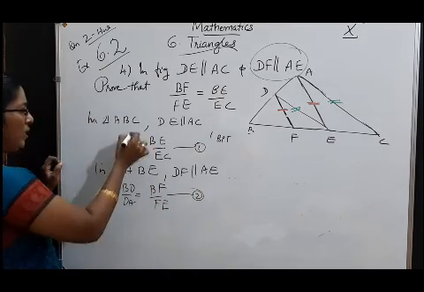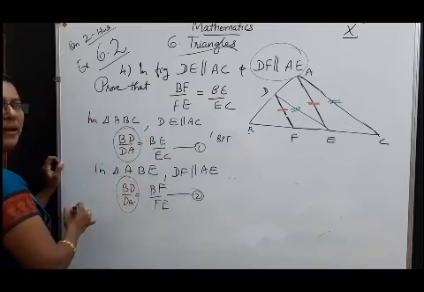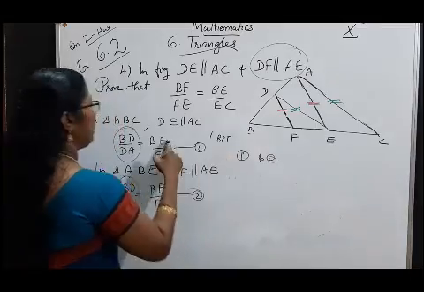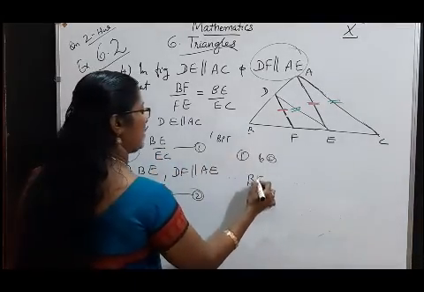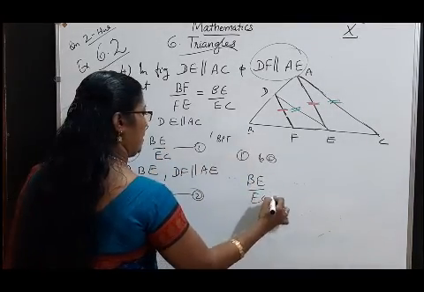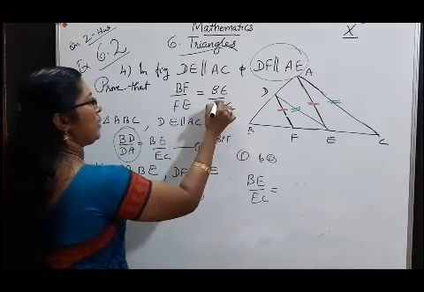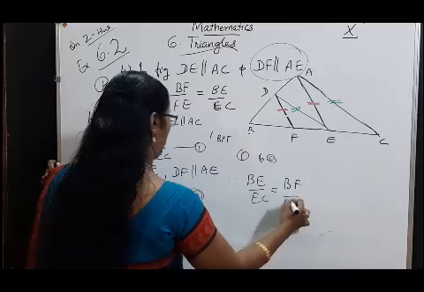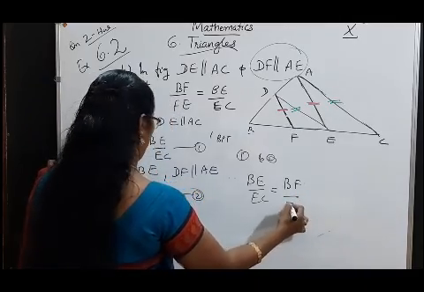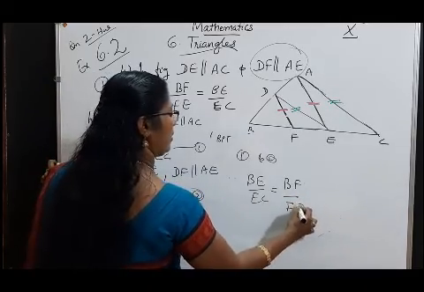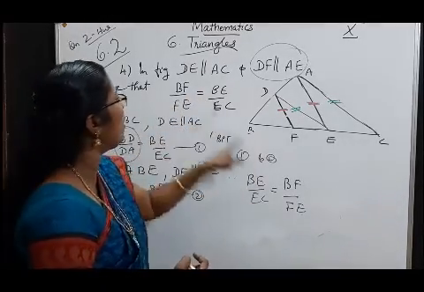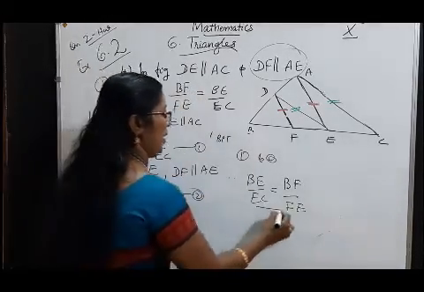Equation number 2. Here BD by DA is the same in both, so from 1 and 2, BE by EC equals BF by FE. Hence proved.